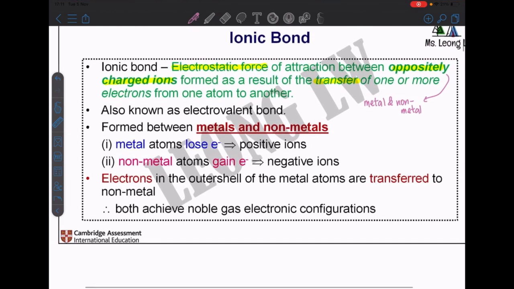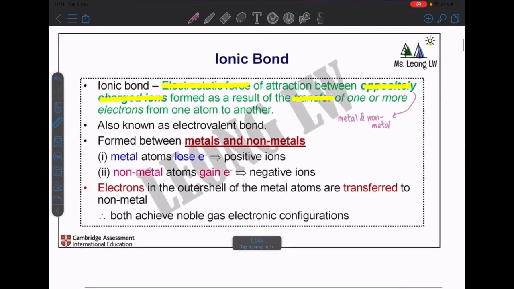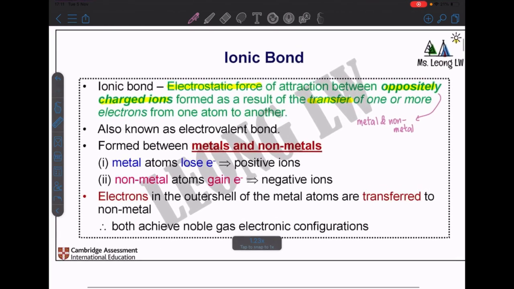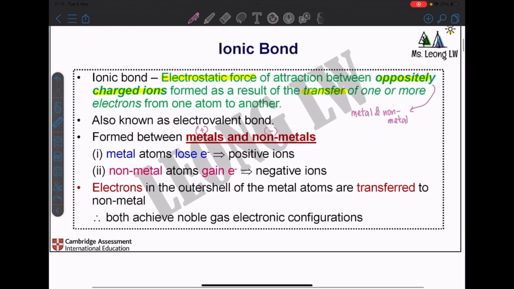So they are also known as electrovalent bonds. Like I said, formed between metals and non-metals. As you guys know, metals all have positive charge, and non-metals mostly have negative charge. For positively charged, they usually lose electrons, and for negatively charged, they usually gain an electron.